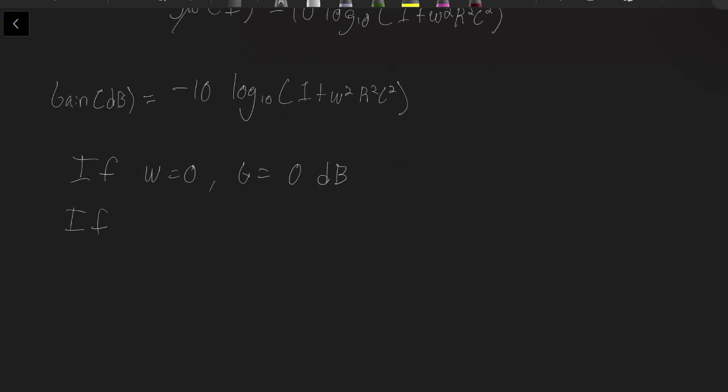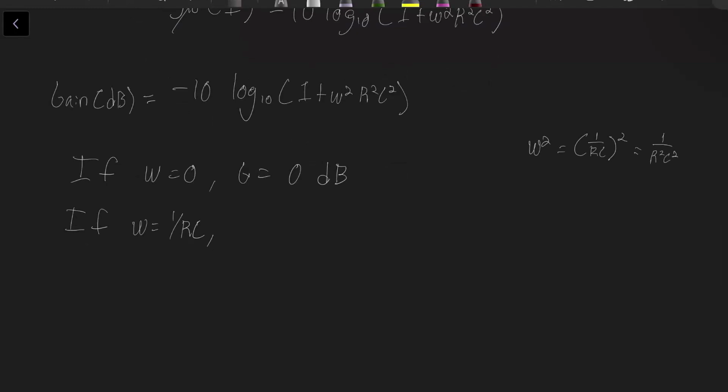If our omega is equal to 1 over RC, which would be our cutoff frequency, what's going to happen? Well, if we take a look at our equation, our omega is squared, right? If we substitute in our RC, we're going to get 1 over RC squared, which we can write as 1 over R squared C squared.